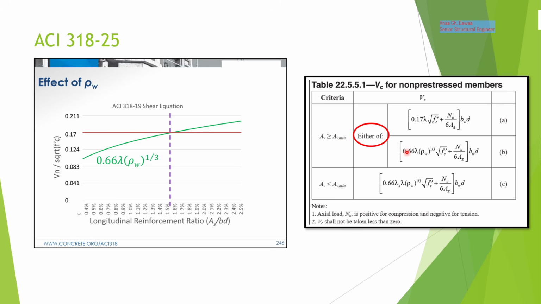At that time, the code used for that project was 318-19, and if you would like to use this equation, we have to provide minimum shear reinforcement. Otherwise, we have to use equation C, which will result in a very low shear capacity. So at that time, we decided to use minimum shear reinforcement. In fact, in that project, as per the quantity engineer, he told me that the amount of steel was 700 ton only as shear links.